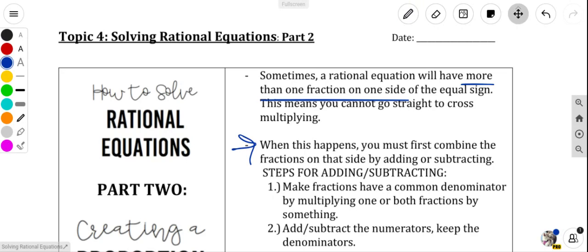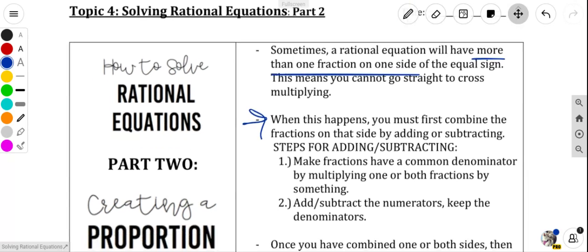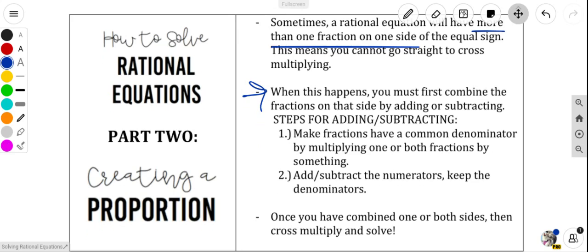When this happens, you first have to combine the fractions on that side. If it's on the left, you combine the fractions on the left. If it's on the right, you combine the fractions on the right. Remember, when you're combining fractions, essentially you're adding and subtracting them, so we have to think about adding and subtracting rational expressions. That was the last topic that we did last week. To do that, your fractions must have a common denominator.